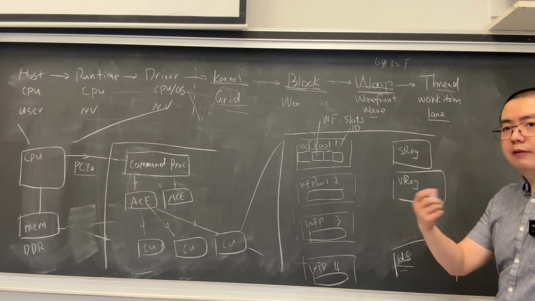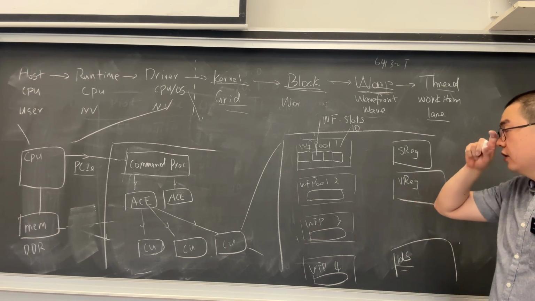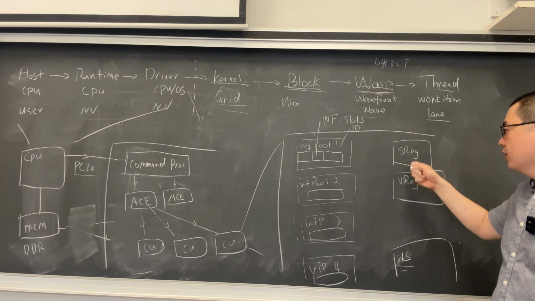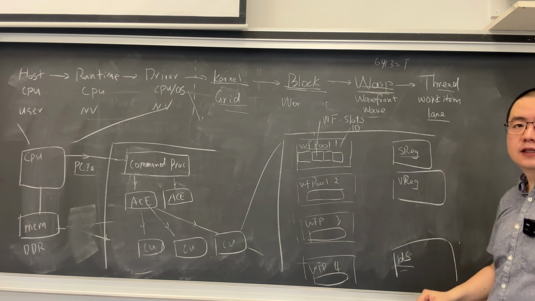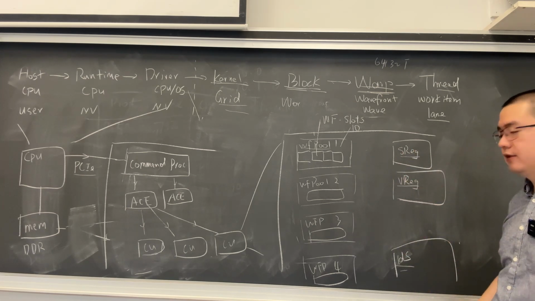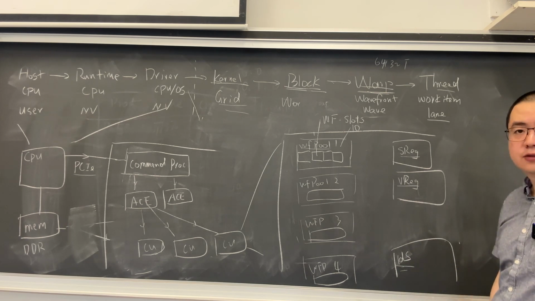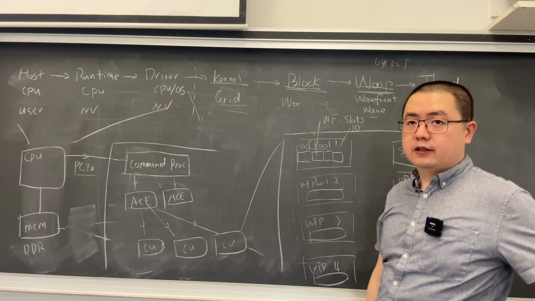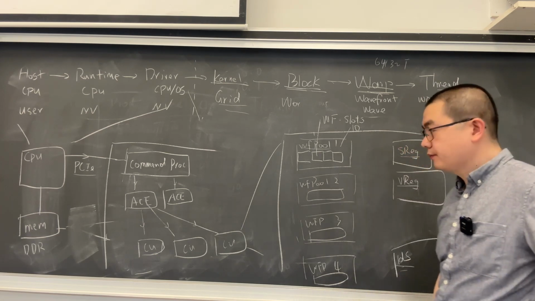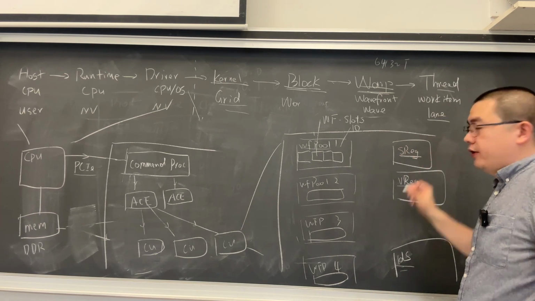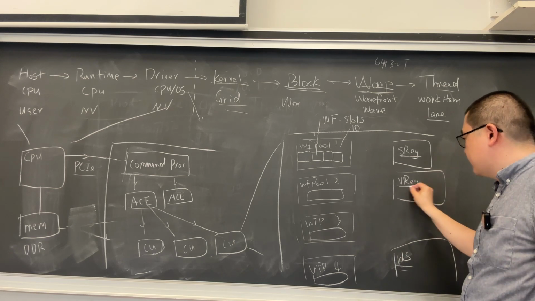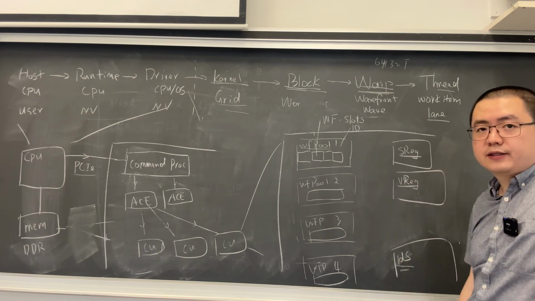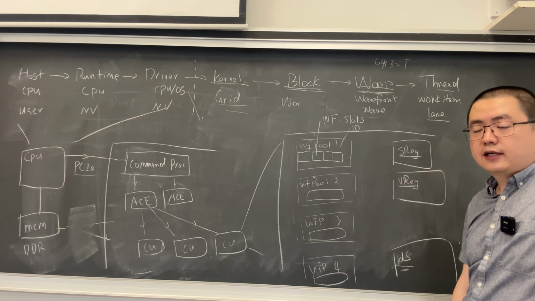So when we compile a program or launch a kernel, we need to tell how many S registers are required, how many vector registers are required, and how much LDS is required. When the ACE dispatches a kernel to the compute unit, it will also allocate some SRAM space, VRAM space, and LDS space. If there's no space, then that block cannot execute.